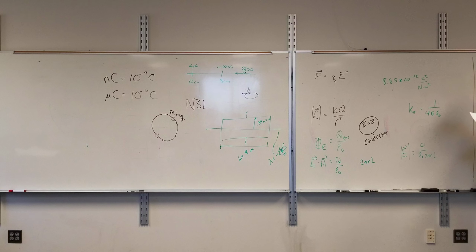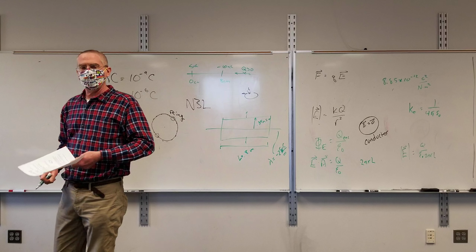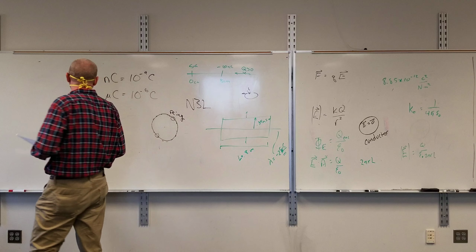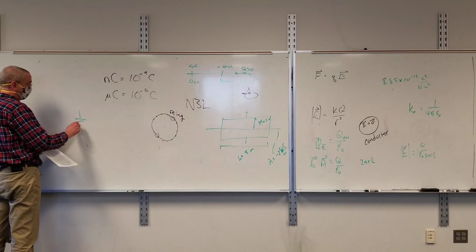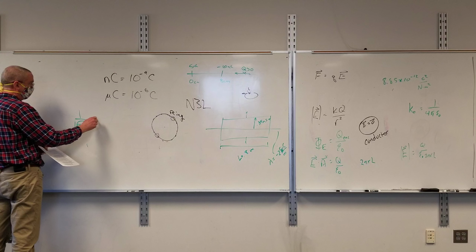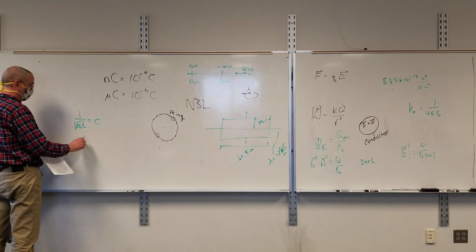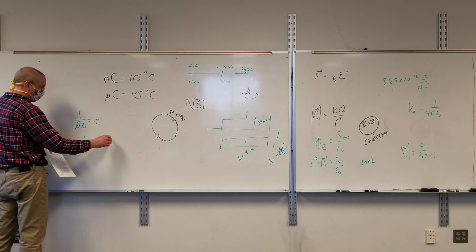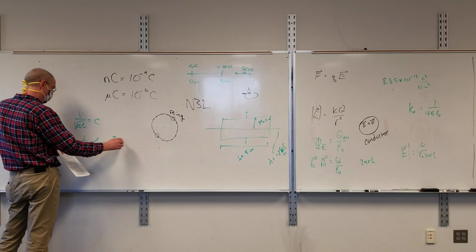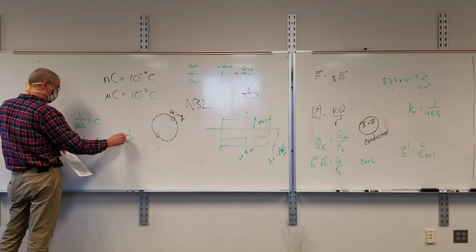Or if you really want to figure out what epsilon sub naught is, because why bother answering the question unless you're just going to beat it like a dead horse? C is for the speed of light. So 1 over mu sub naught epsilon sub naught is equal to the speed of light squared. So epsilon sub naught is equal to 1 over mu sub naught c squared.